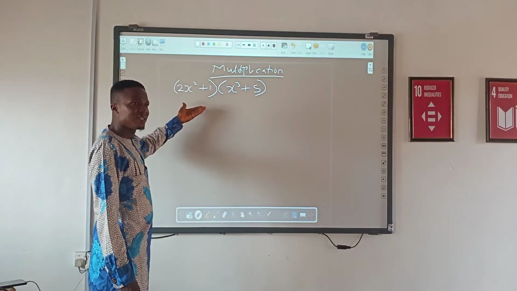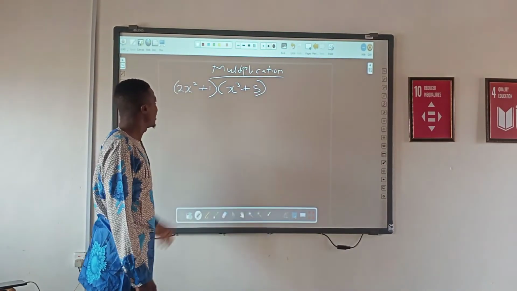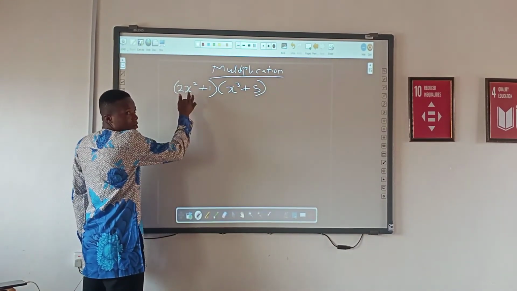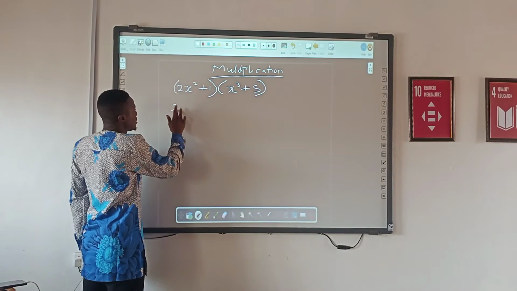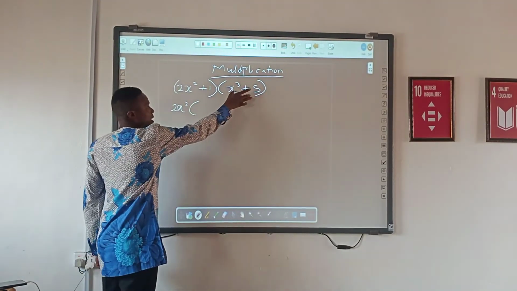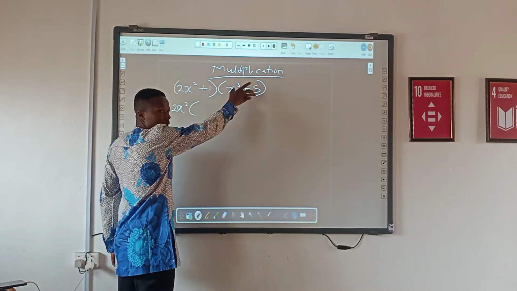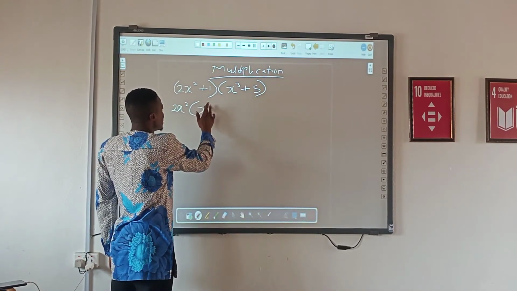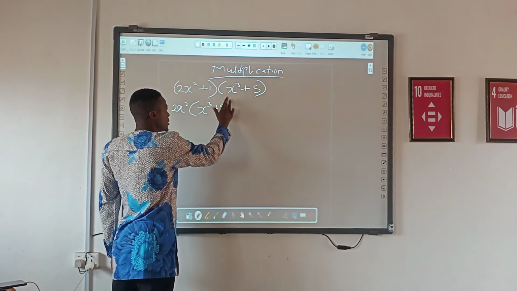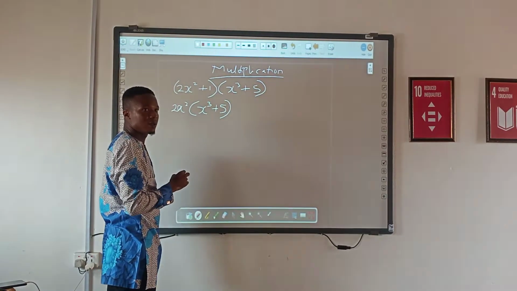I believe everybody can do this. You can, right? Yes, sir. When I do mine, the first term here is 2x squared, right? So you write it out, 2x squared. It will go into everything in the second bracket. And the second bracket is what? x cubed plus what? 5. Are you seeing what I'm doing? Yes, sir.